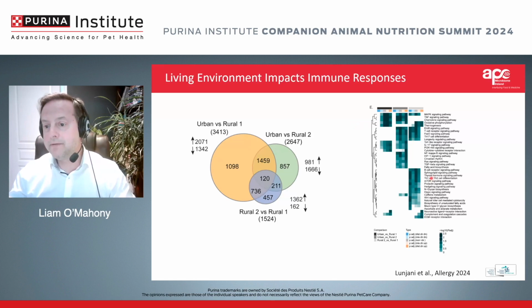And when we look at the pathways associated with these changes, you will recognize a lot of these pathways. So the MAP kinase signaling, TNF signaling, chemokine signaling, Th17, a lot of the innate signaling such as toll-like receptors, and also Th1 and Th2 cell differentiation.